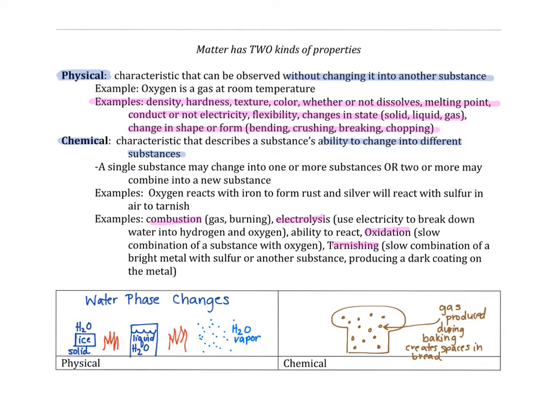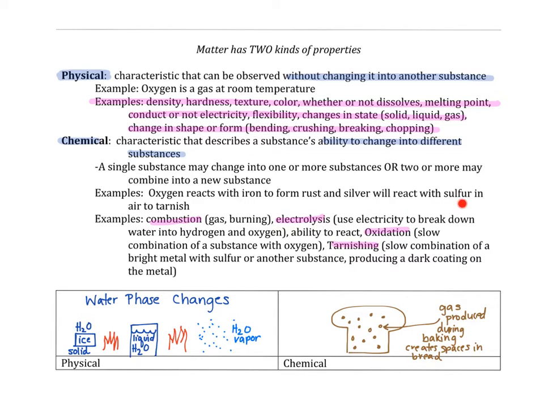So what this is describing is a chemical reaction. Examples of this are that oxygen reacts with iron to form rust. So if there's an old car and there is no longer paint on the exterior, over time, the oxygen that the iron in the car is exposed to will create rust.